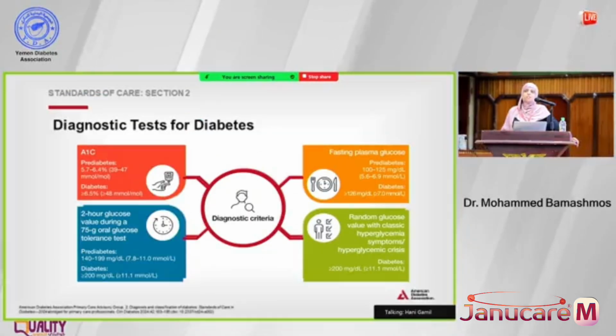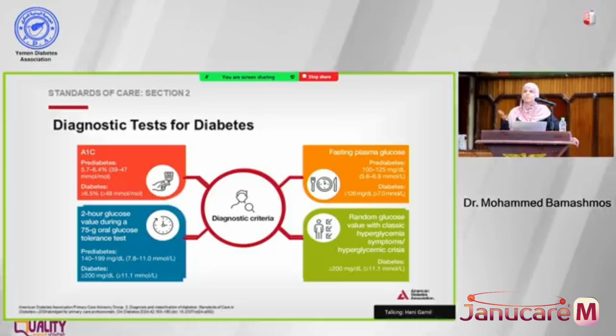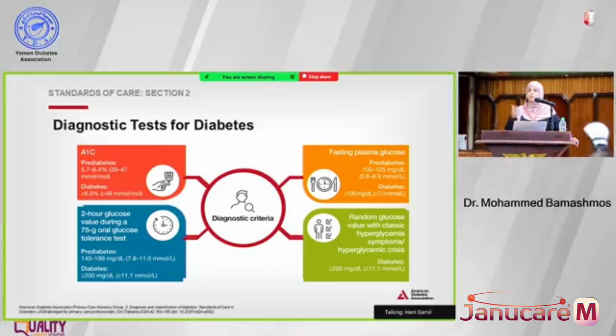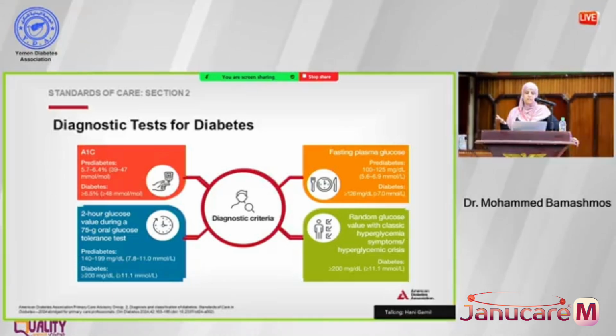What are the tests that we should do? I'm going to start on the left-hand side with fasting plasma glucose. We all know the fasting plasma glucose, the normal level is less than 100. 100 to 125 is pre-diabetes. 126 and above is diabetes. Also, if the patient has a lot of symptoms and you do a random blood sugar and the random blood sugar is above 200, that's also suggestive that this patient has type 2 diabetes.